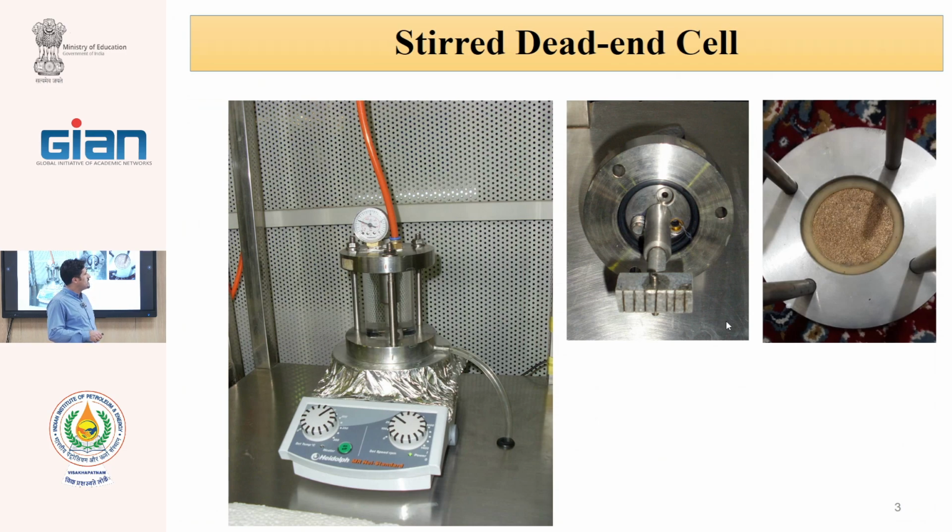This is the top section, and this is the bottom section. And you see, we have an elastic O-ring for sealing. We take out this O-ring and put the circular membrane on the surface of this porous medium.